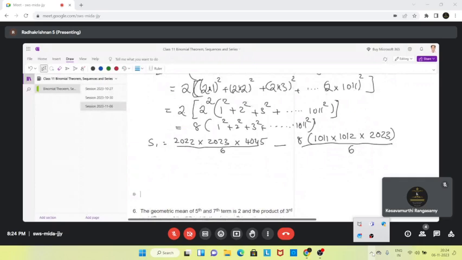So this itself is looking like a big multiplication. But there are certain things we can take out as common. For example, here you have 2022.